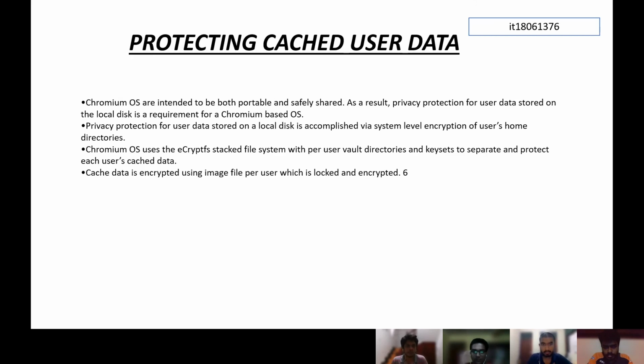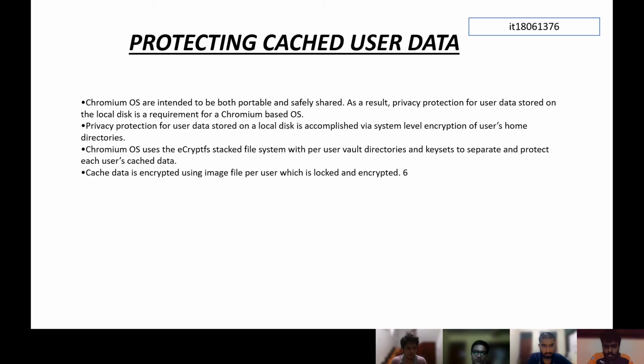And the protecting cached user data feature. Chromium OS operating systems are intended to be both portable and safely shared. As a result, privacy protection for user data stored on the local disk is a requirement for Chromium-based operating systems. Privacy protection for user data on a local disk is accomplished via system-level encryption of users' home directories.